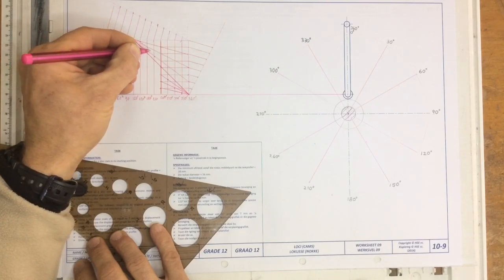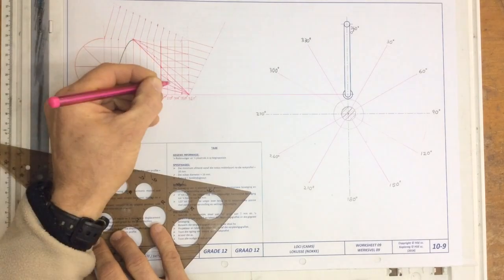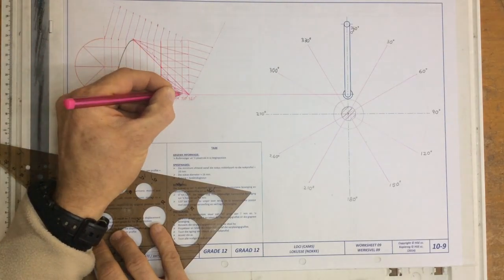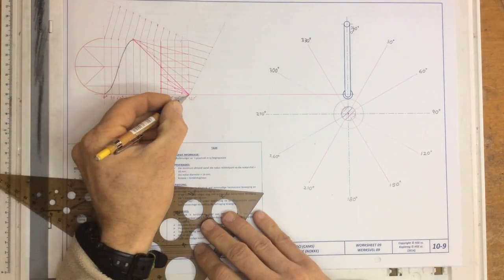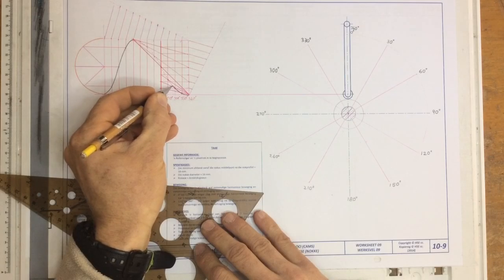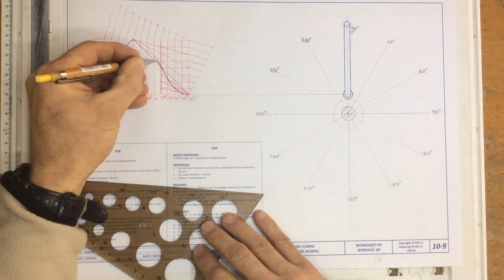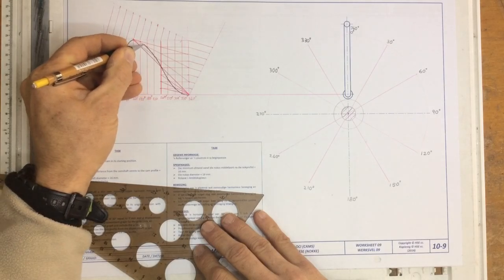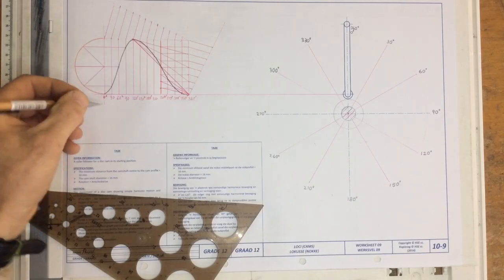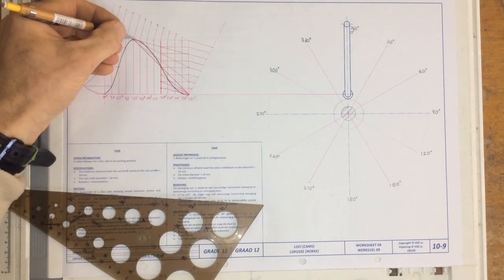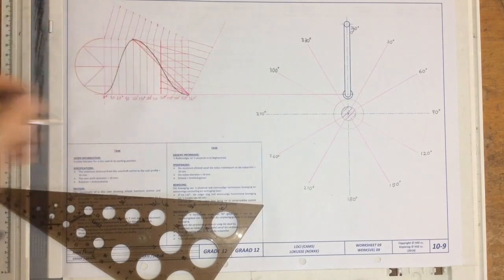Comes down and decelerates through those points over there. I can now draw in that graph. Nice smooth curve going up through there, and there we go. So you've got simple harmonic motion and uniform accelerated and decelerated motion over there.